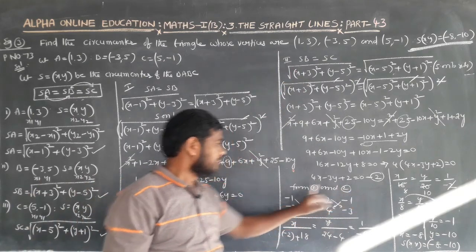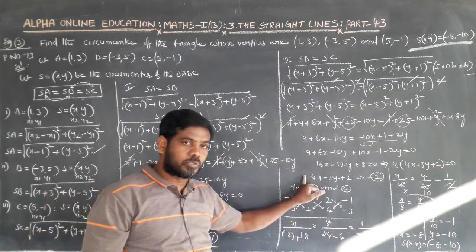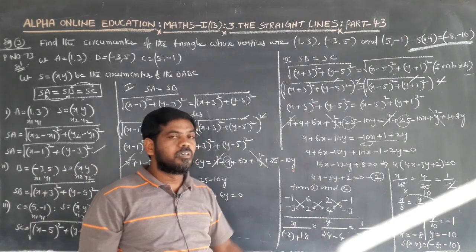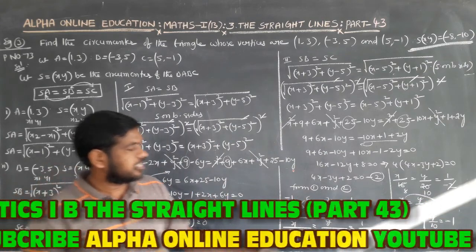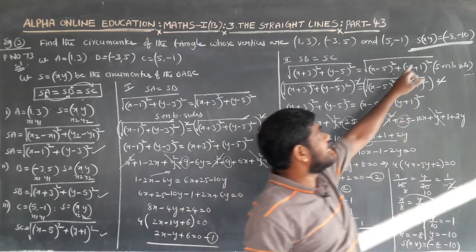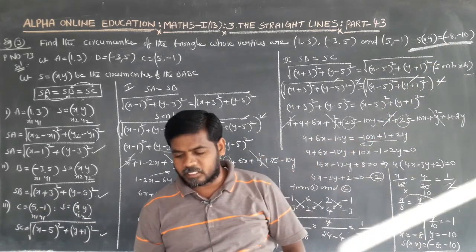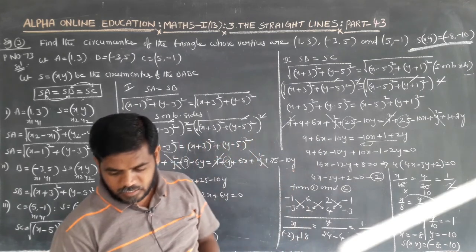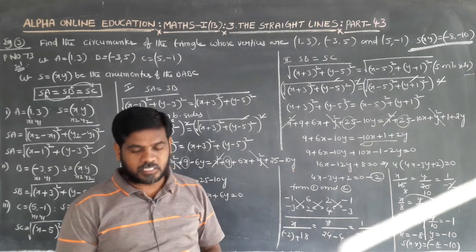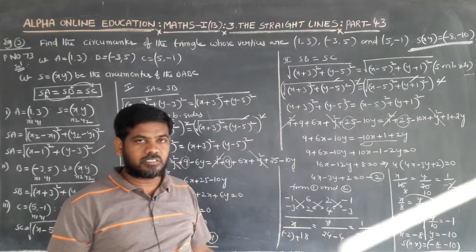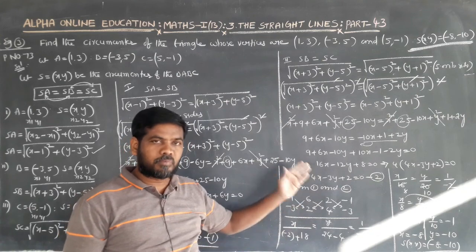The point of intersection of 1 and 2 is called the circumcenter of the triangle. Here the circumcenter of the triangle is (x, y) is equal to (minus 8, minus 10) is the answer. This is the process. This is a very important problem.